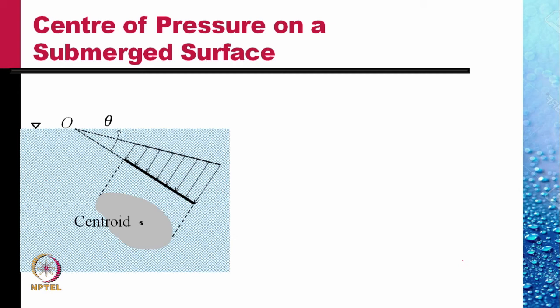The pressure variation, of course, would be linear, rho g h, where h is the vertical depth from the free surface. If we measure s, the distance from the free surface along the slope of the plate, at any location s, the depth from the free surface is s sine theta.